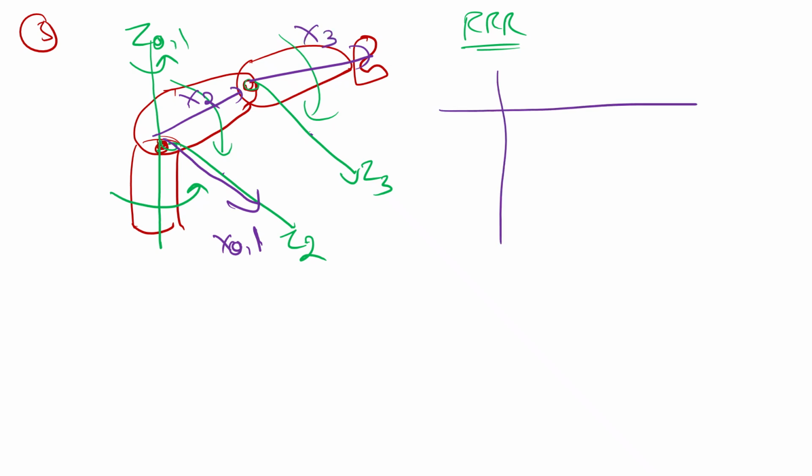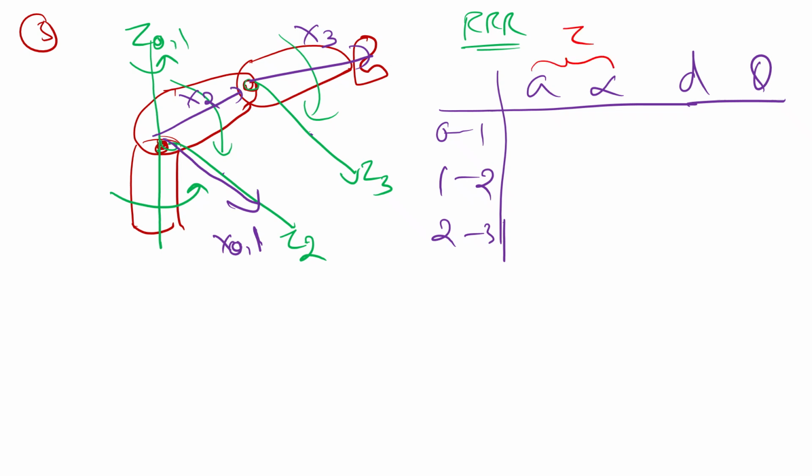Now the same thing for 0 to 1, 1 to 2, and 2 to 3: a, alpha, d, theta. This one is the Z axis, this one is the x-axis. This is my distance, this is my angle, this is my distance, this is my angle.